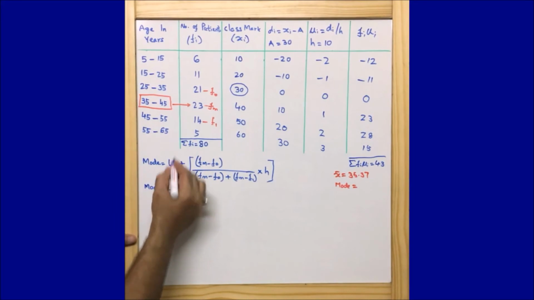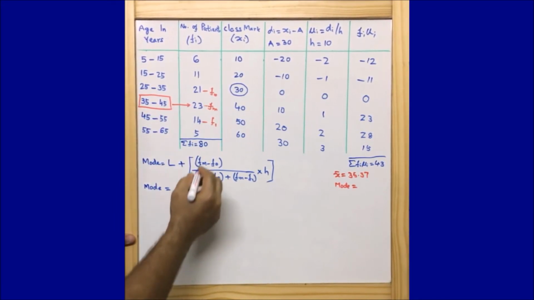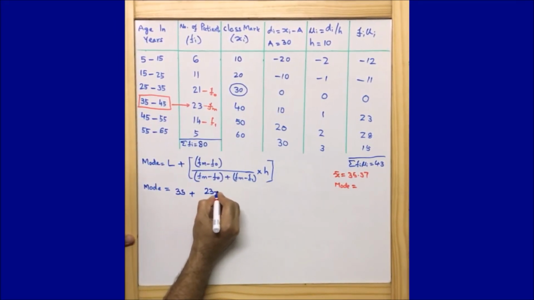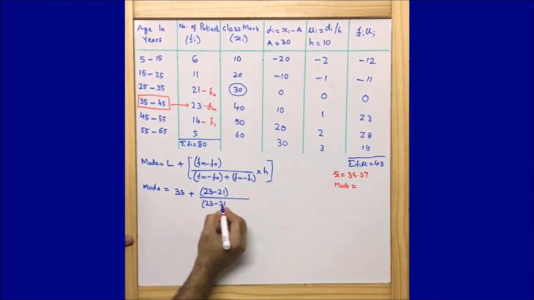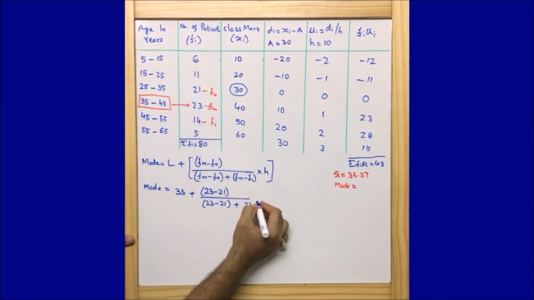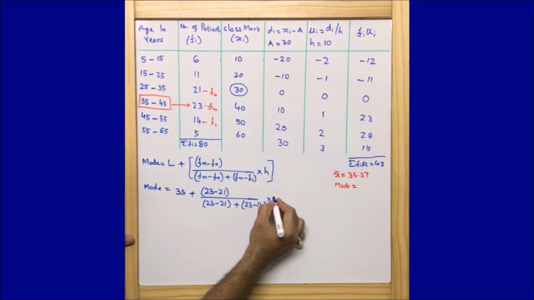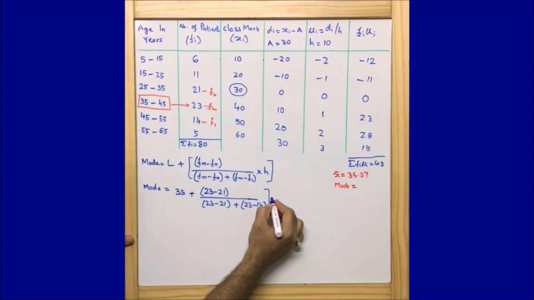L is 35 here, so 35 plus (23 minus 21) upon (23 minus 21, because again it is Fm minus F0, plus 23 minus 14), into the class height, which is 10.